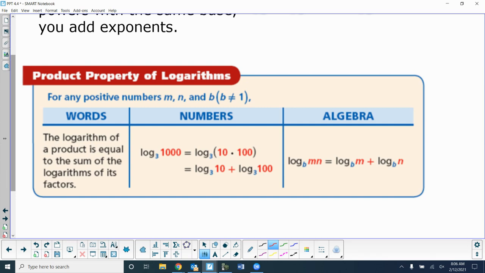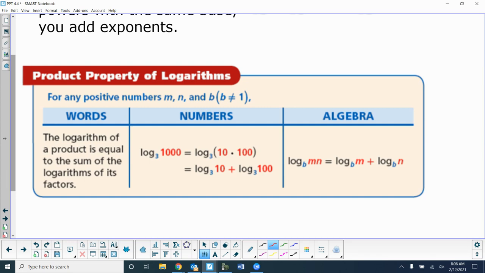Multiply them. Okay? So what we're going to do is we're going to get a logarithmic problem that's addition and subtraction and stuff, and we're going to condense it down into a single log.